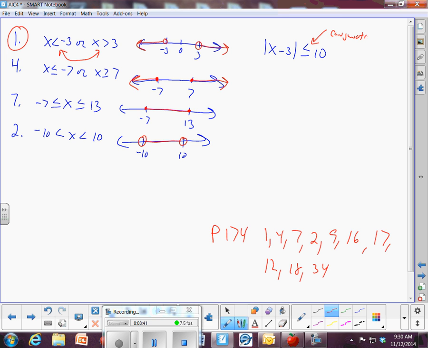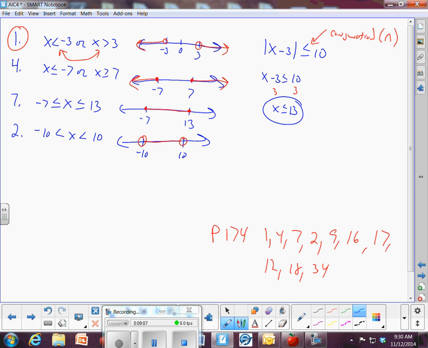Now, you have to think this, because the conjunction tells you the solution is the intersection of the two. So hopefully you remember the first time you remove the absolute value symbol and just solve it. Okay, we'll add a 3 to both sides, and we get x less than or equal to 13. That is one of the solutions.